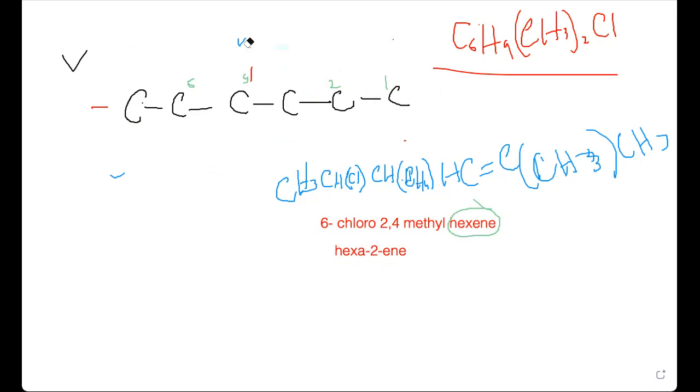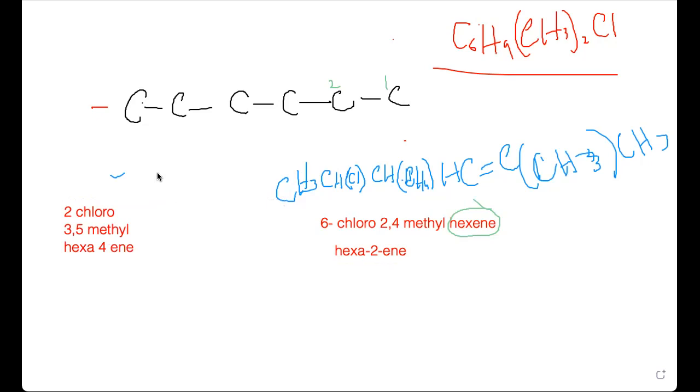So it should be hexene. Okay. So yes. Now tell me what is the first thing which you said? 2-chloro. Wait. Let me write it here. You said 2-chloro. Now you are giving me the name, and we have to make a chain. Okay. 2-chloro. Yes. 3,5-methyl. And yes, hexa-4-ene. Sorry, hexa-4-ene.